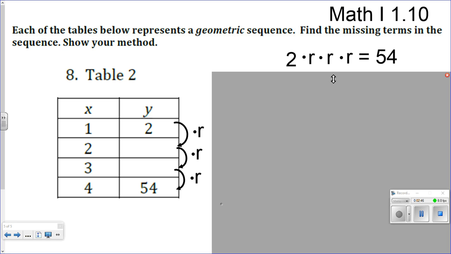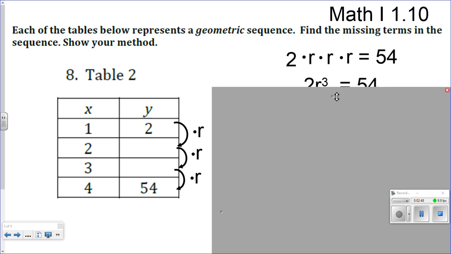So let's simplify this a little bit to make it more manageable. I am going to rewrite it as 2R to the third power, because R to the third with an exponent of 3 means that we've multiplied by R 3 times. Of course, we'd use the reverse order of operations, which means I have to get rid of this 2 first when I am solving this equation.